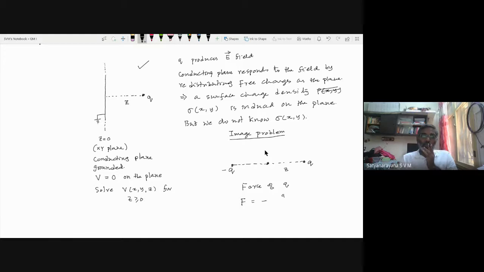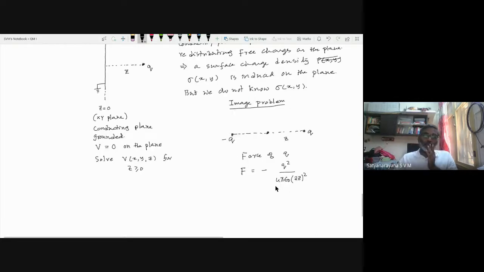So minus q square divided by 4 pi epsilon naught into 2 times z the whole square, because the distance is 2 times z. Okay, so now I can write it in the following fashion.